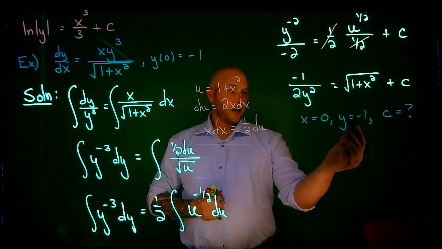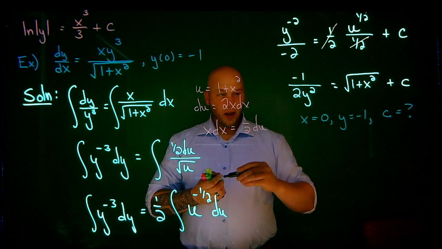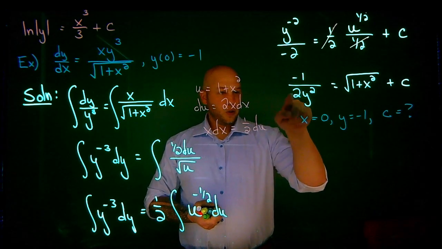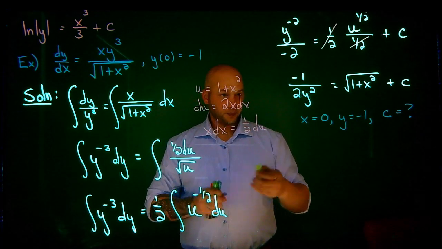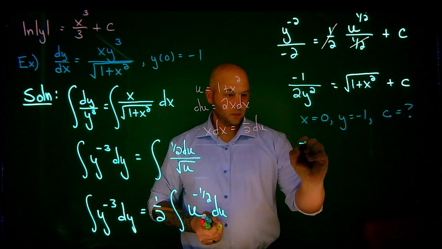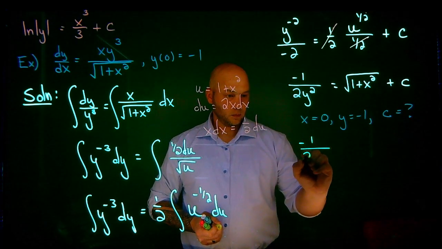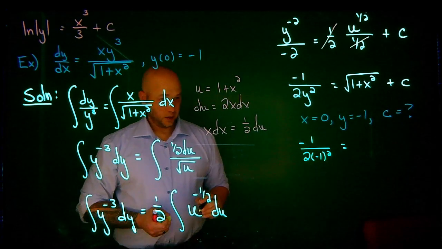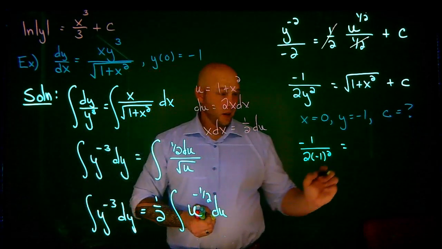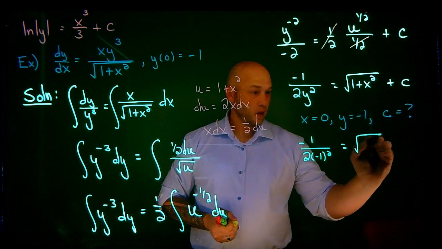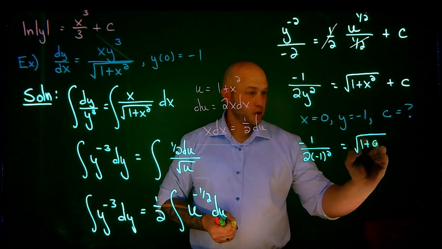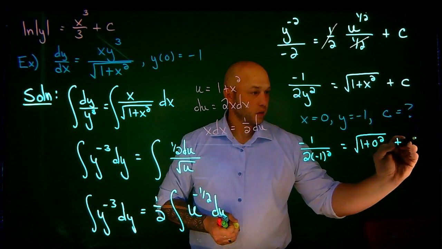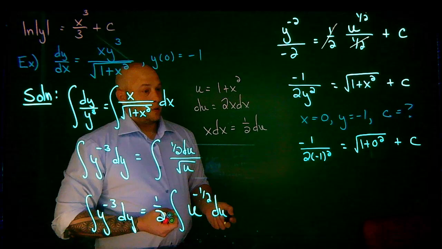When I plug in negative 1 for y, that would have negative 1 over 2 times negative 1 squared is equal to, on the other side, the square root of 1 plus 0 squared plus c. All right, let's go ahead and simplify.